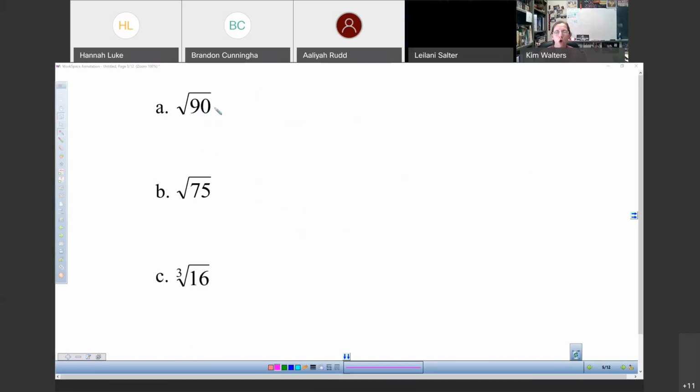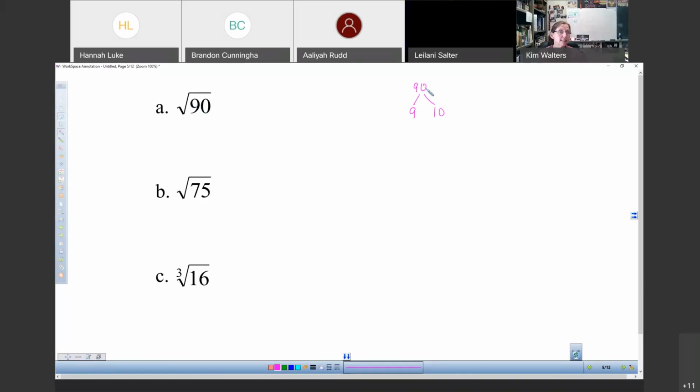So here we're going to start with 90. 90 is not a perfect square, and it's a square root, so we're going to be looking for pairs of numbers. We're going to start by using a factor tree to factor 90. I'm going to do this one with you, and then you're going to help me on the next one. So 90 is 9 times 10.